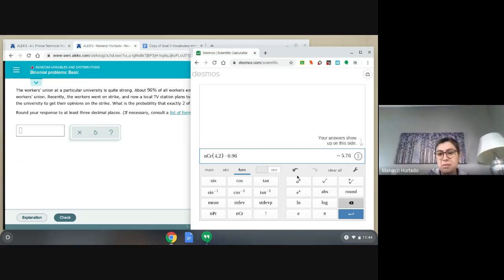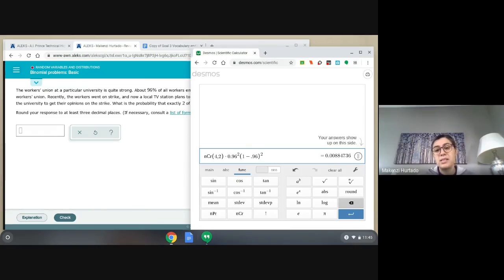And our success, remember, is 2. We want 2 people to be union members. Then it will be 1 minus the probability. Oops, I put an extra parenthesis in there. And this is our failures. If we have 4 people all together, 2 of them are union members. That means that 2 are not union members.